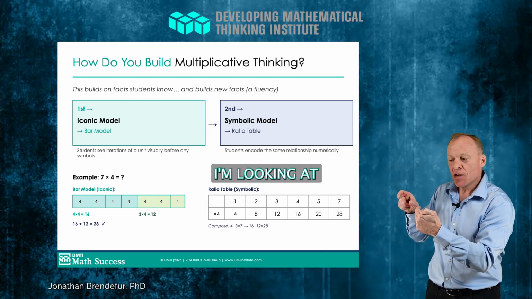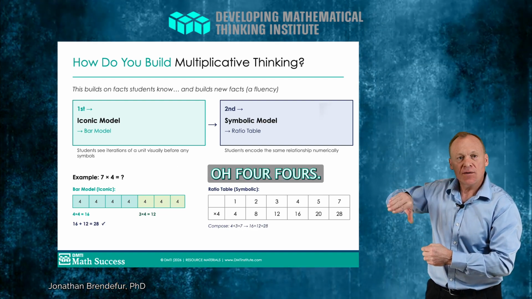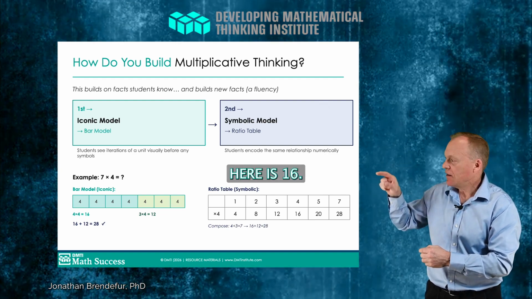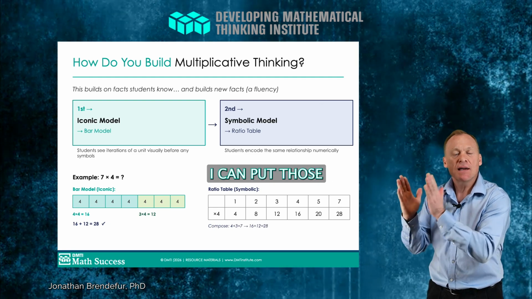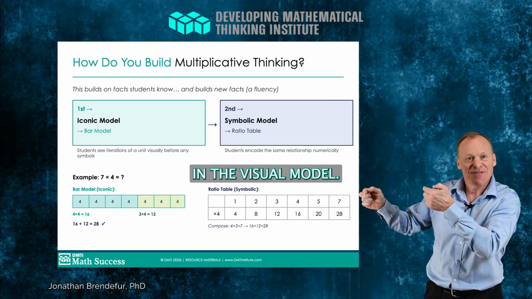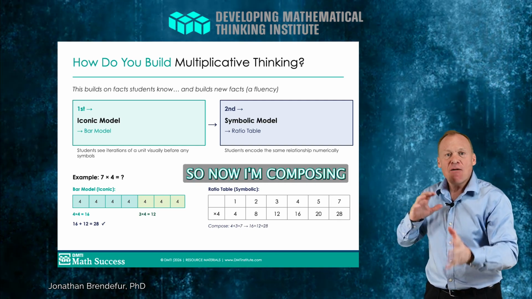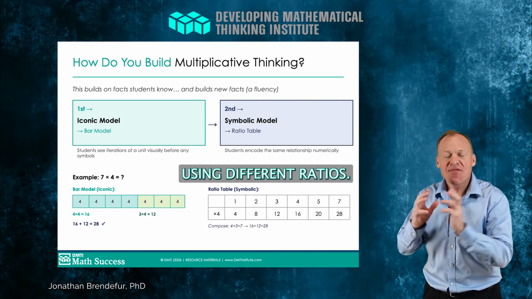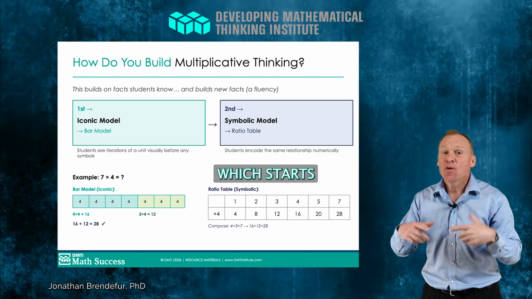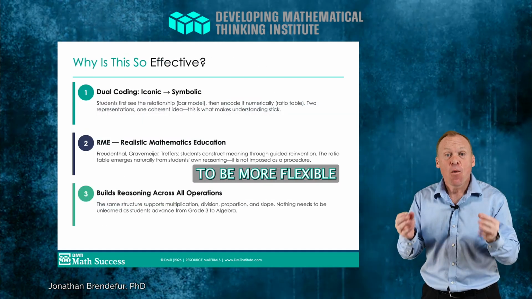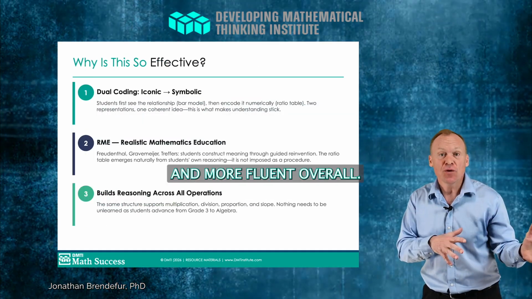So then my ratio table, I'm looking at, oh, 4 4s here is 16. 3 4s is 12. I can put those two ratios together just like I did in the visual model, and now I have 7 4s is 28. So now I'm composing using different ratios. That starts building flexibility, which starts getting students to be more flexible in their thinking and more fluent overall.